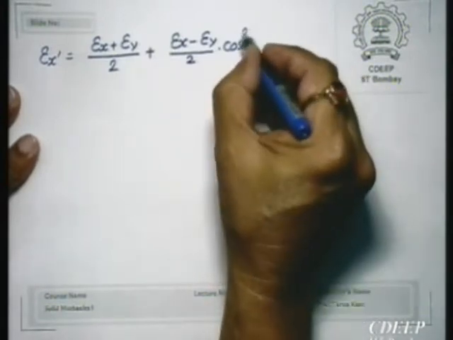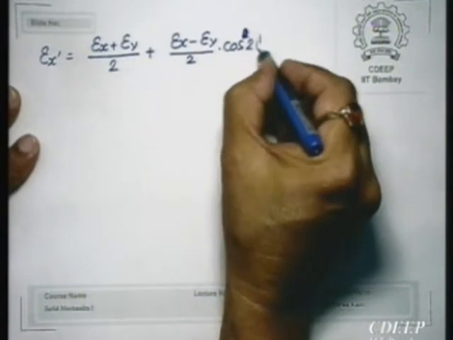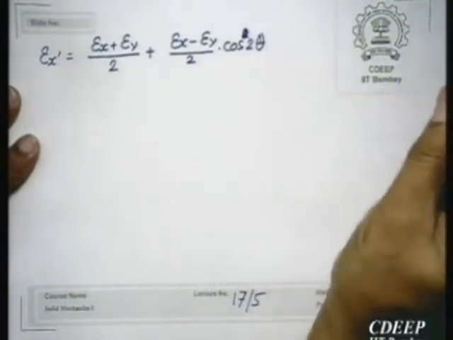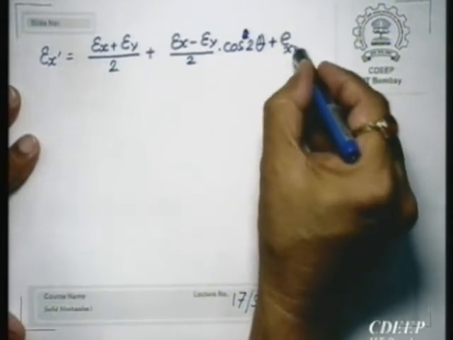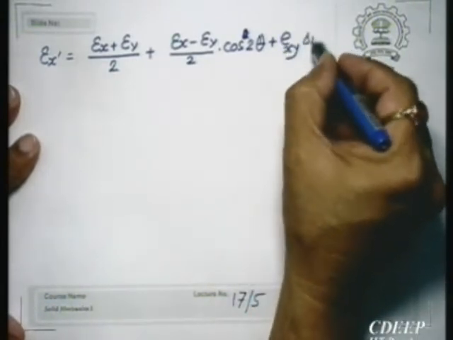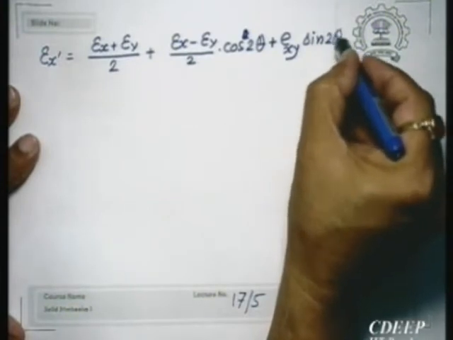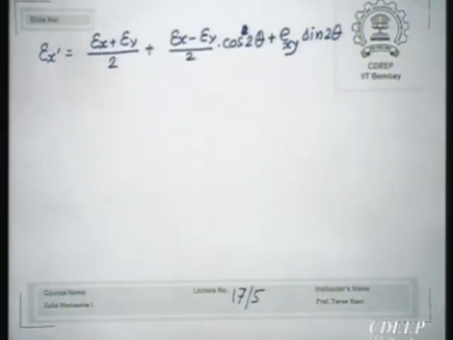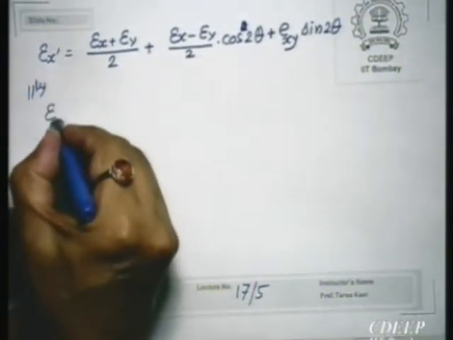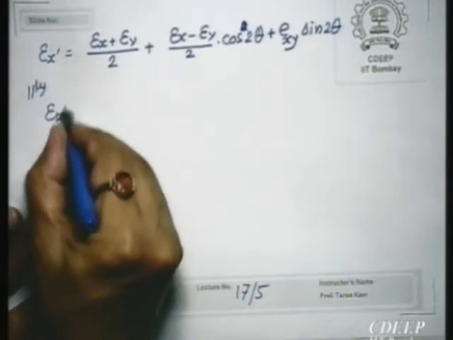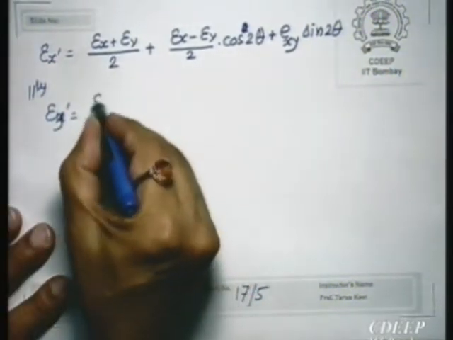Cos 2 theta or cos square theta? Cos 2 theta plus epsilon xy sin 2 theta. The same expression is written in terms of 2 theta angle. So, this can be written like this, and similarly, which I am not deriving, I can write this.